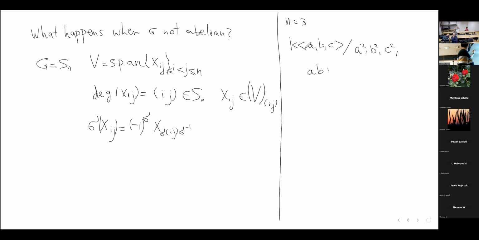I also get AB plus BC plus CA, and I also have AC plus CB plus BA. And you can show by hand that this has dimension 12.